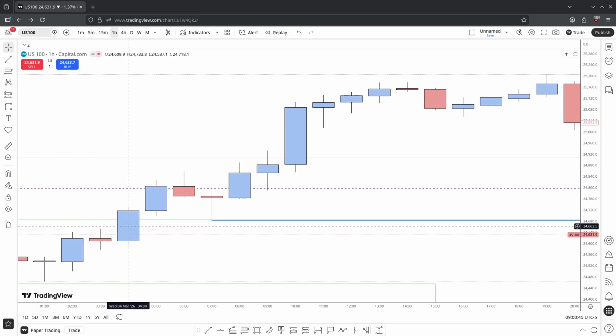The open is 24,609, and this should be, you look at the closing of this. 24,5. Oh no, that's the low. 24,609. 24,6. So it's pretty much the same level.